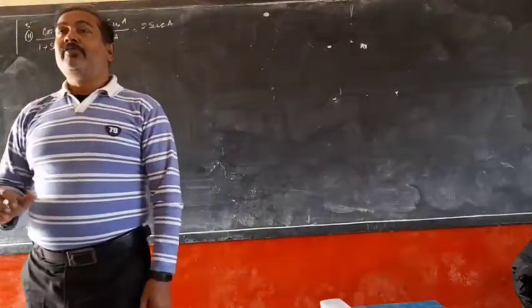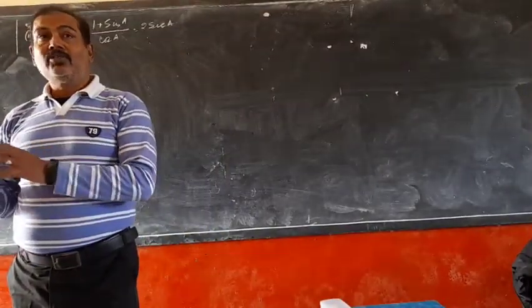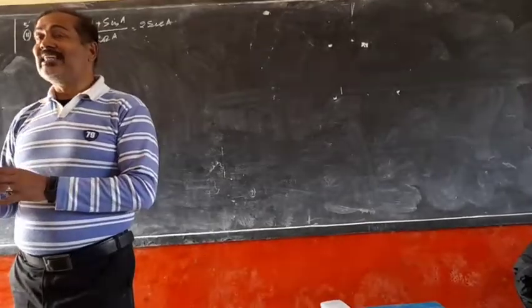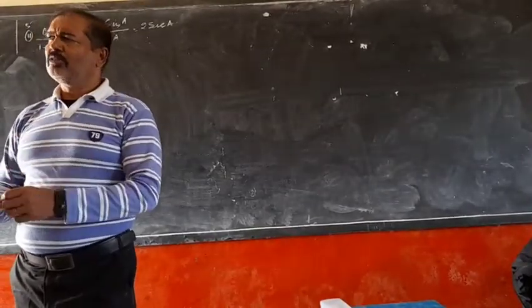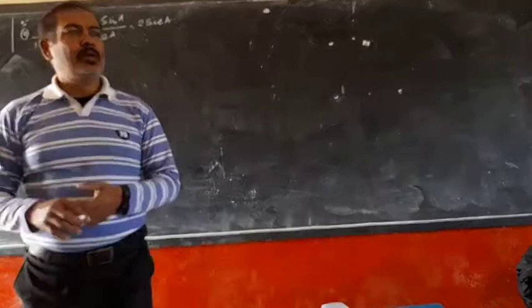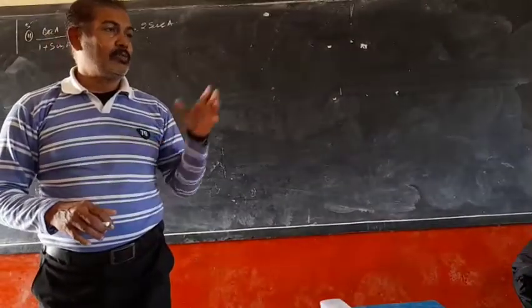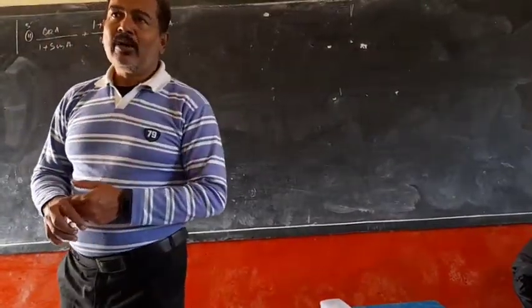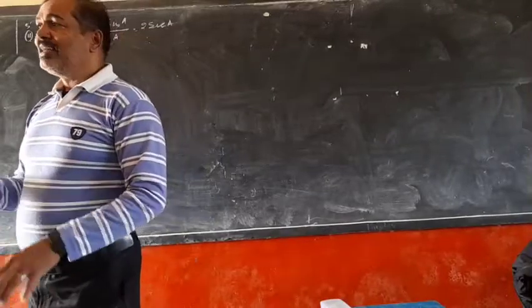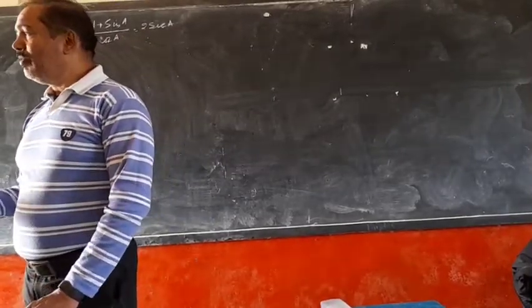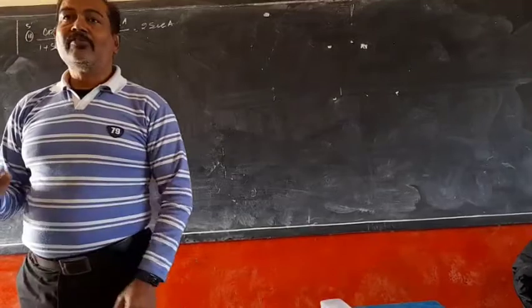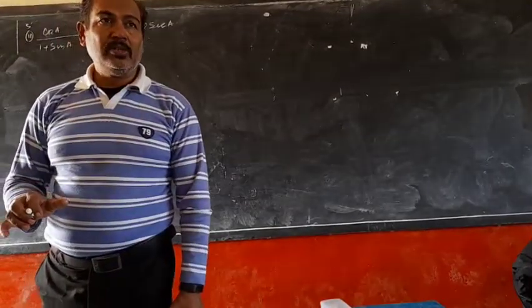If the LHS or RHS are not given in sine and cos, your first step is to convert each one into sine and cos by formula number 19 and formula number 20, where tan A stands for sine A upon cos A and cot A is equal to cos A upon sine A.